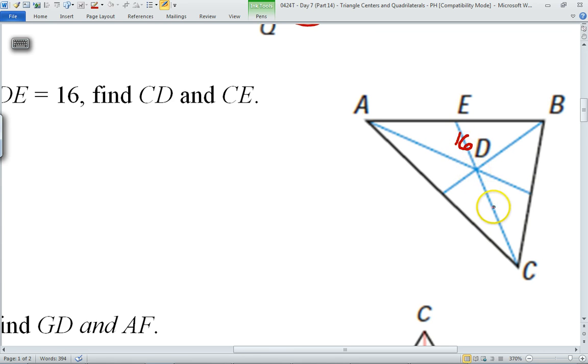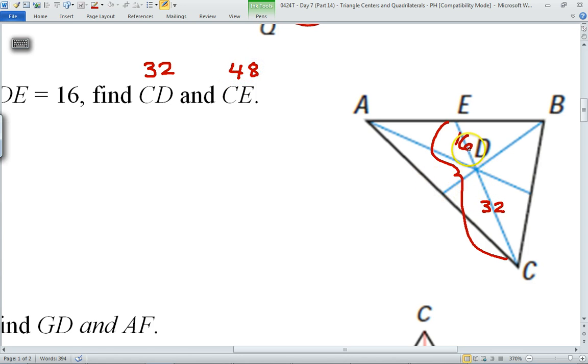So if this is 16, then this part over here should be 32. Okay, I'm supposed to find CD. Well, I just did. CD is 32. I'm also supposed to find CE. Well, CE, of course, is the whole thing. So that's just 16 plus 32. So that's going to be 48.